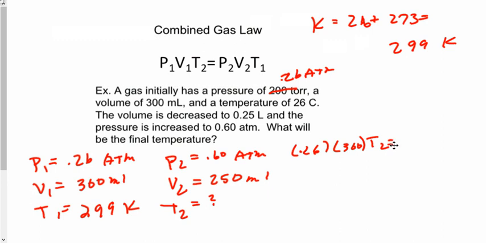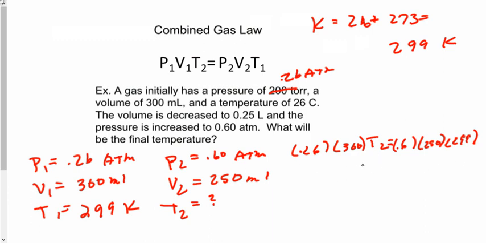That's going to equal my pressure 2, which is 0.6, multiplied by 250. And my last is going to be 299 Kelvin. Notice how I'm not putting any variables in there at all, because that will definitely get me confused. Hope you can see it okay there. I kind of squeezed that in there.